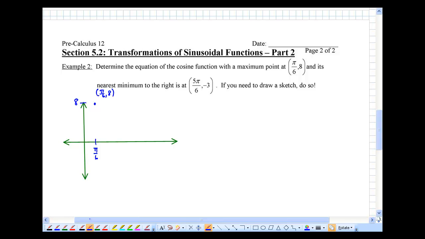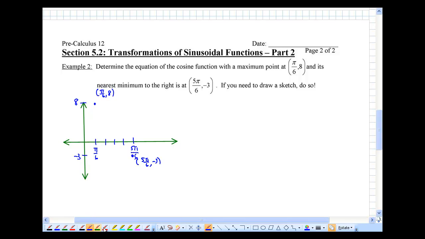And then its nearest minimum to the right is 5 pi over 6. Okay, so that's cool. Pi over 6, 2 pi over 6, 3 pi over 6, 4 pi over 6, 5 pi over 6. And it's at -3, so 1, 2, 3, probably down here. So that's the point. 5 pi over 6, -3.